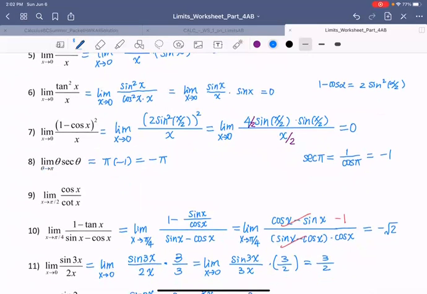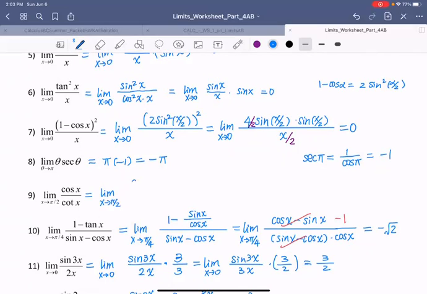Let's do number 9. So, we can change this. Go ahead. Is it cosine x and then times sine x over cosine?